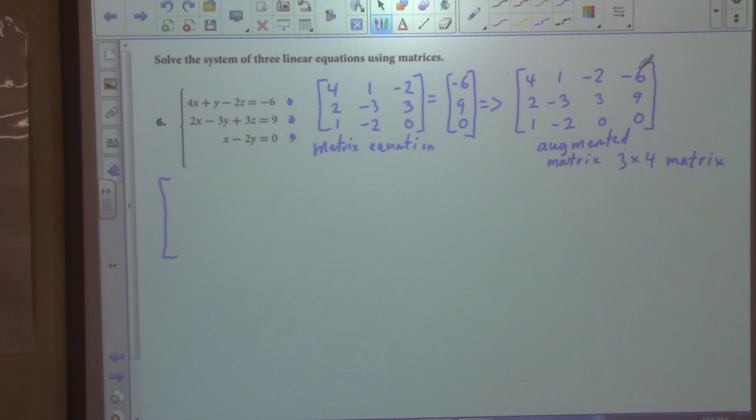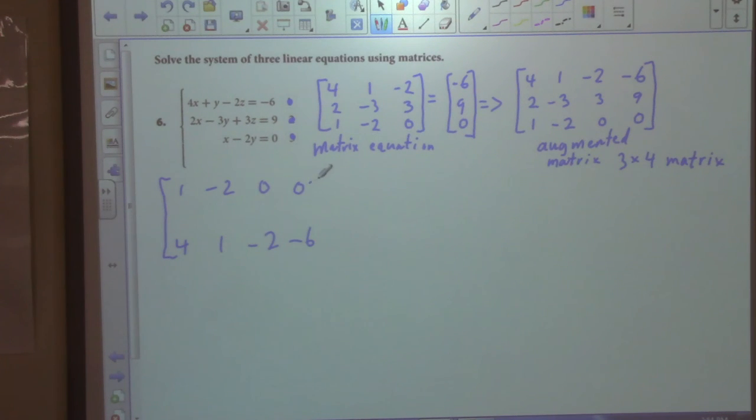So I'm going to switch the top row and bottom row. So this top row I'm going to rewrite as 1, negative 2, 0, 0. And then the first row I'm going to make the third row. So 4, 1, negative 2, negative 6.